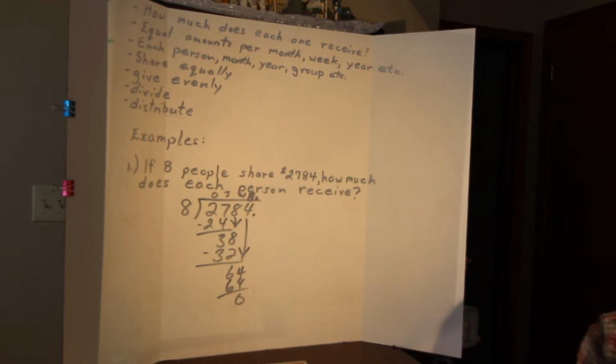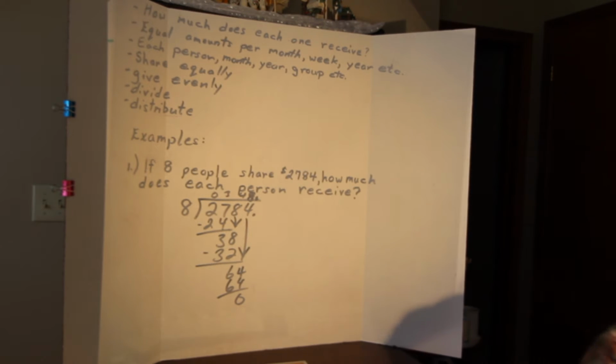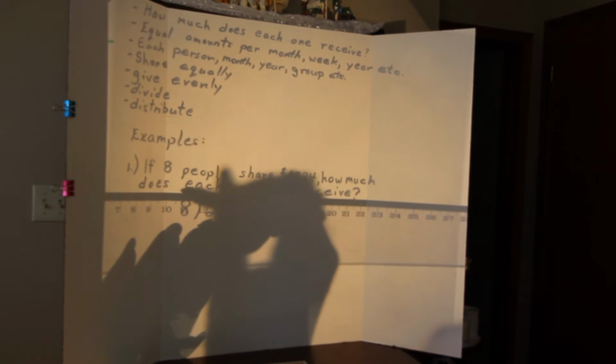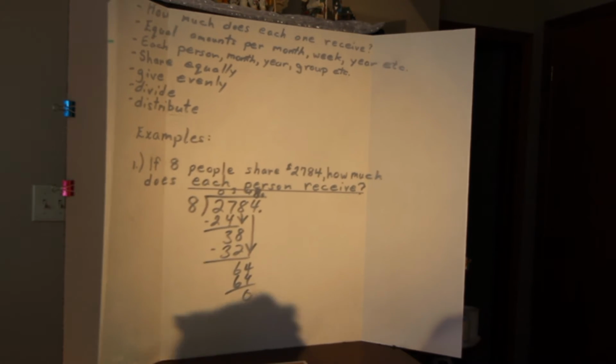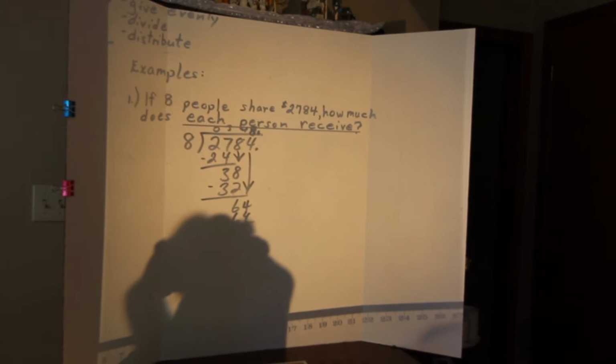So, how much will each person receive? This is where we're going to use our ruler, and we're going to underline the words. Each person, to make the sentence work, capital letter.